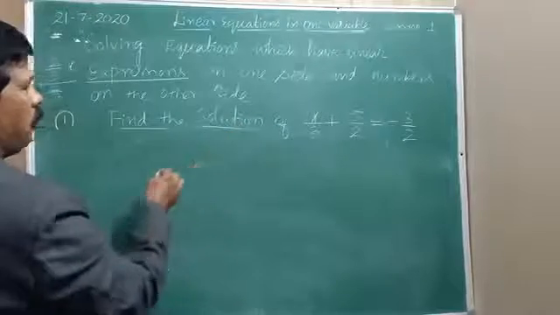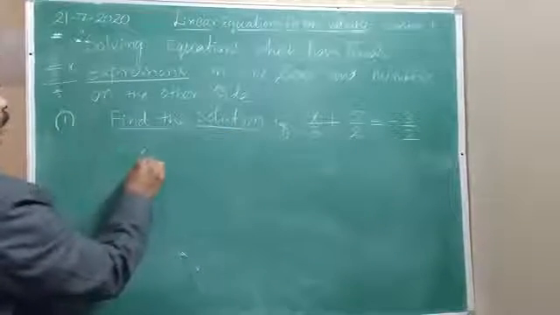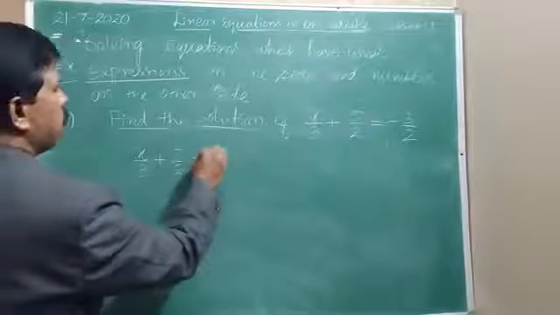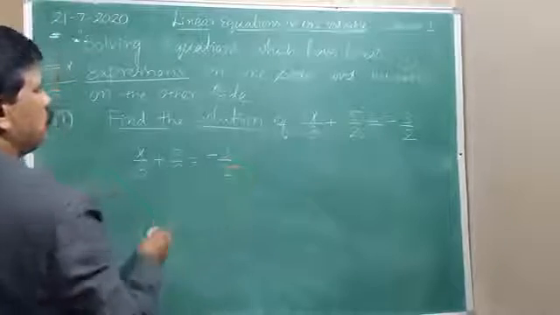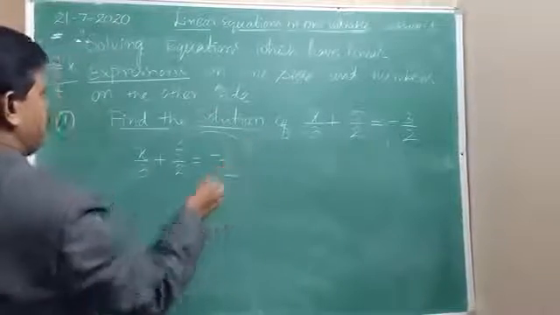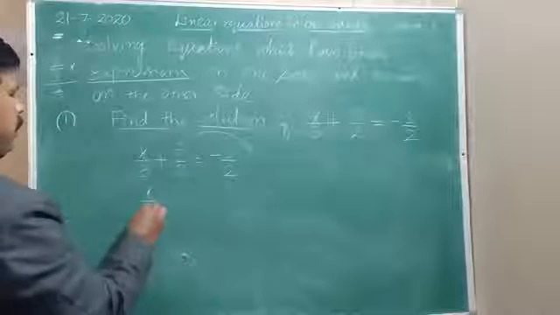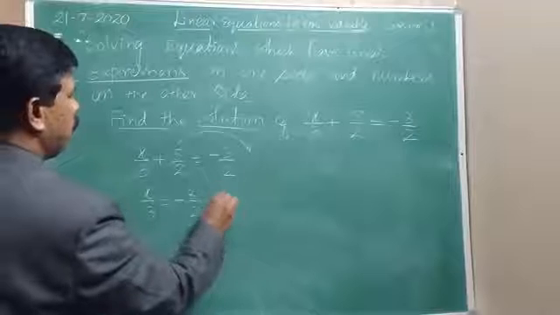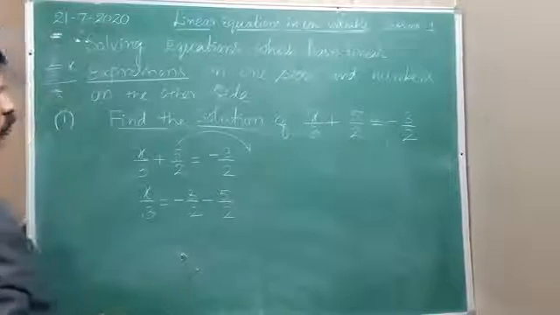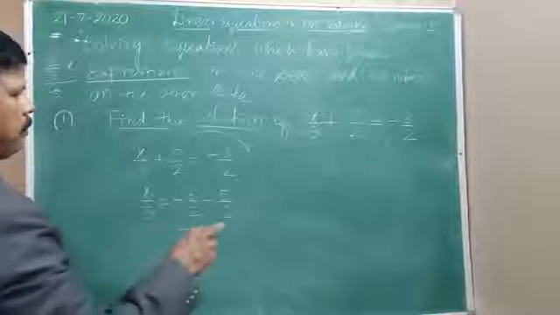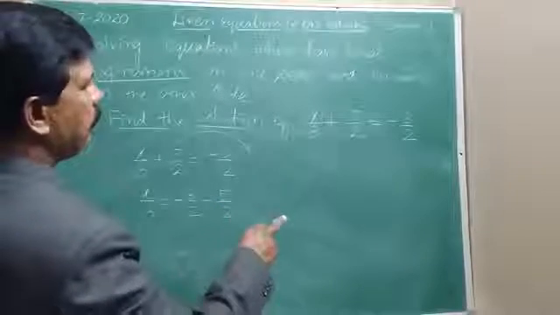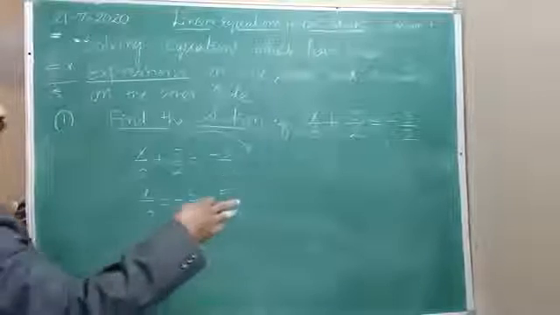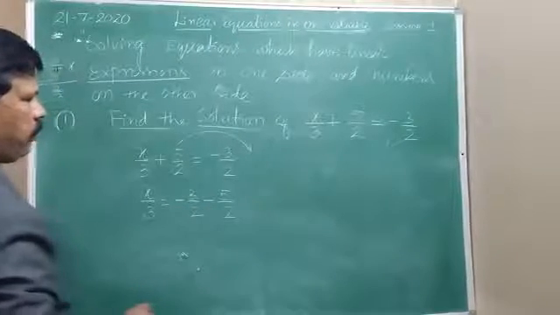Now, transformation method: x by 3 plus 5 by 2 equals minus 3 by 2. First thing is transfer this. So, x by 3 equals minus 3 by 2 minus 5 by 2. Okay, so there I did something wrong. Instead of 5 by 2, I had taken 5 by 3. That's why you got something else.